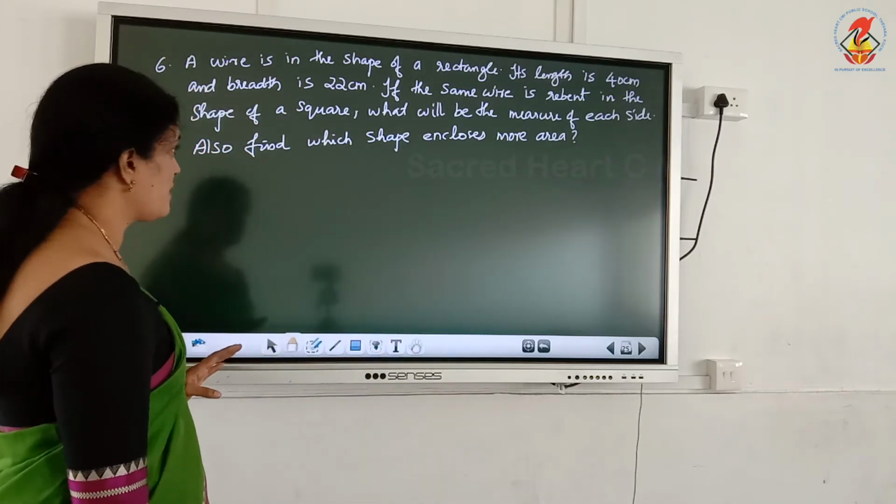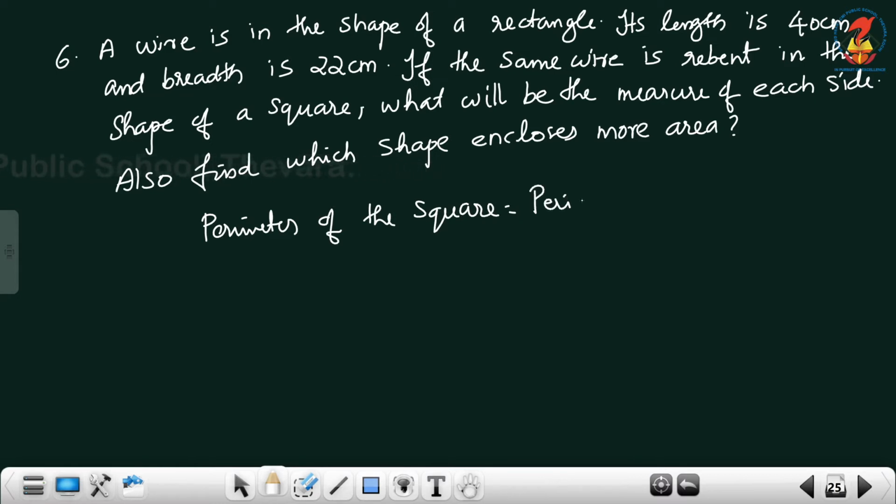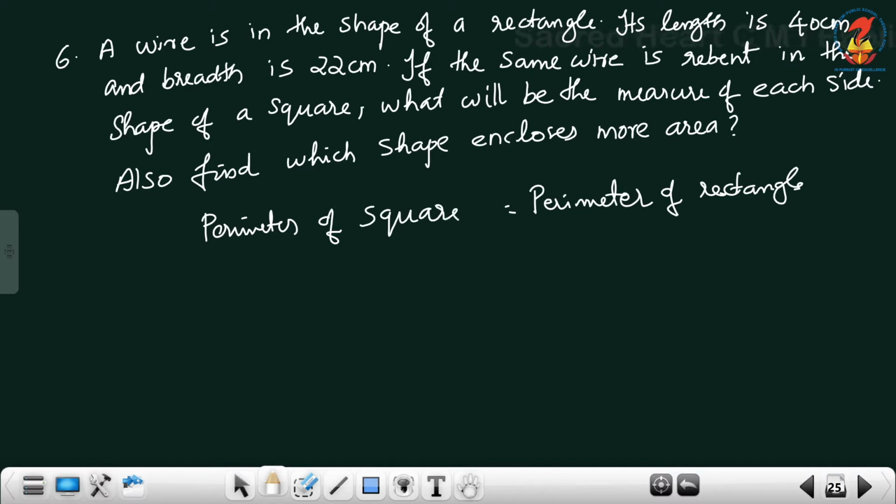First statement: perimeter of the square equal to perimeter of the rectangle.